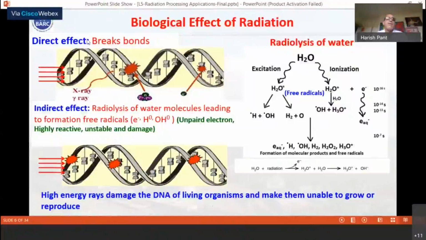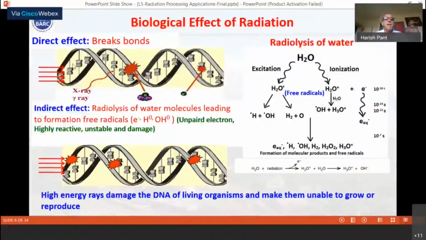One is called the direct effect, in which it breaks the strand of the DNA. This is one strand, and this is another strand. In the direct effect, the gamma radiations or the electron beam will hit these strands and break them. This is called the direct effect of the radiation.